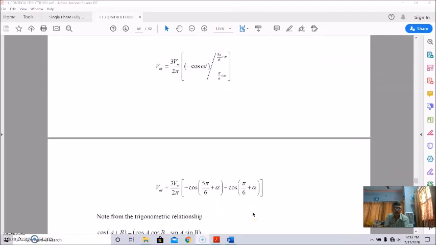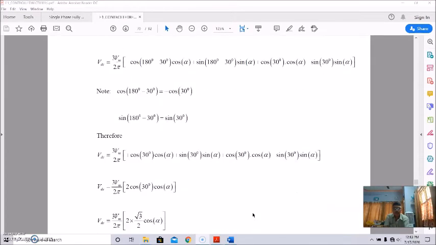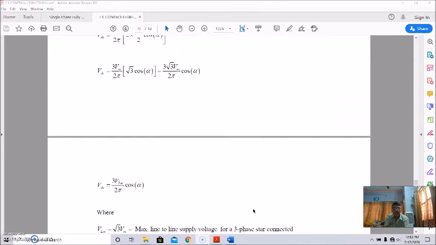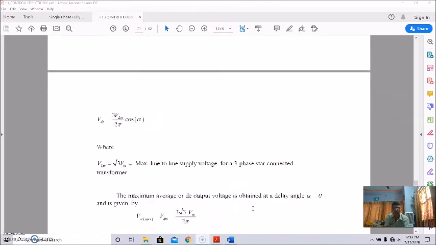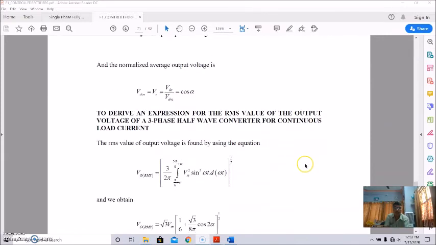Okay, so with this we can continue to the next. We can derive an expression for the RMS value of the output voltage of the three-phase half-wave converter for continuous load current.